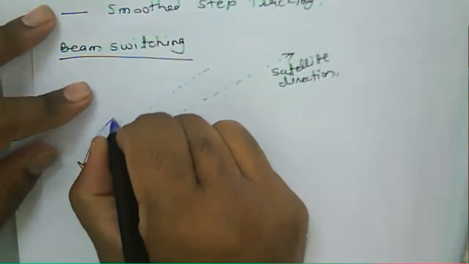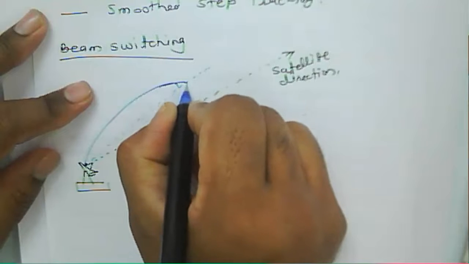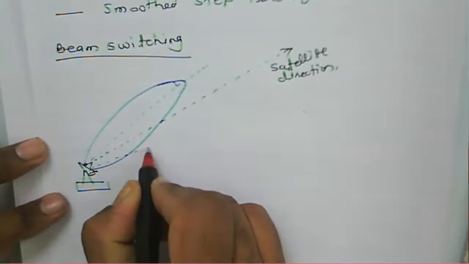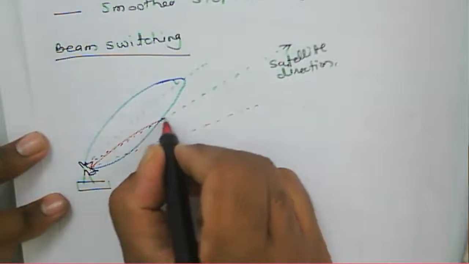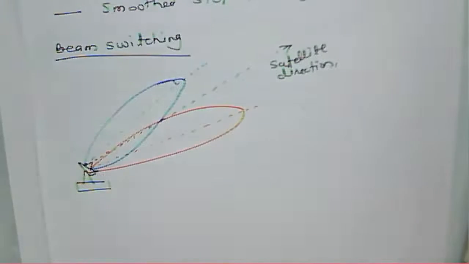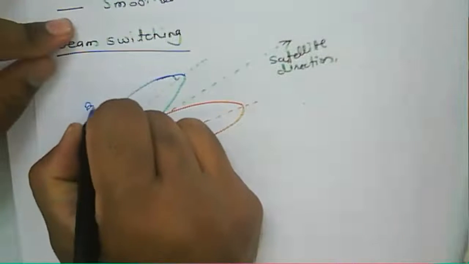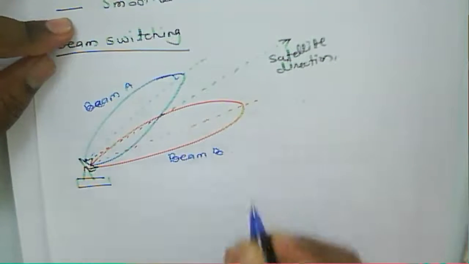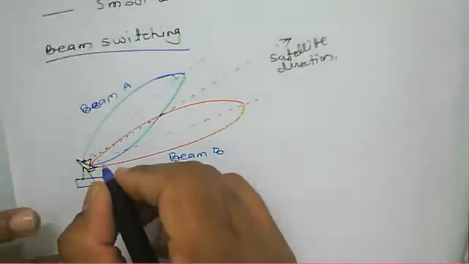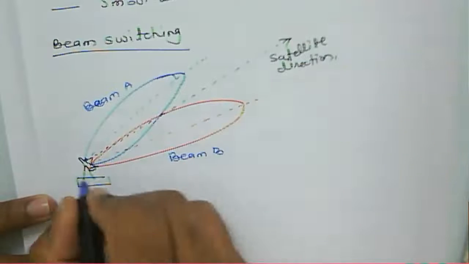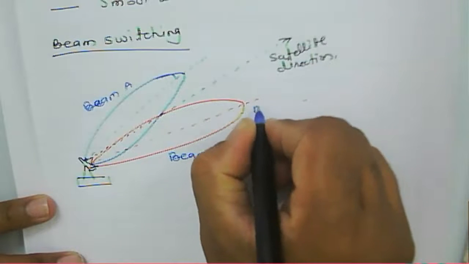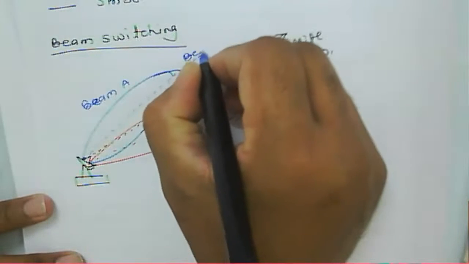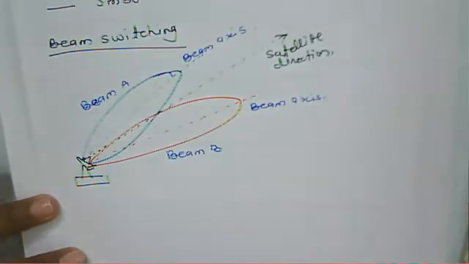This one is the pattern of an antenna: beam A and beam B. And this is the satellite direction. This is the beam axis for beam B, and this is the beam axis for beam A.